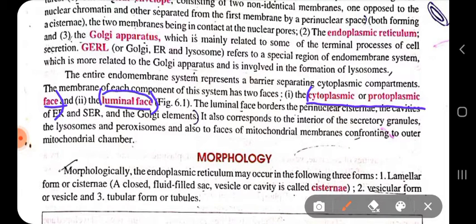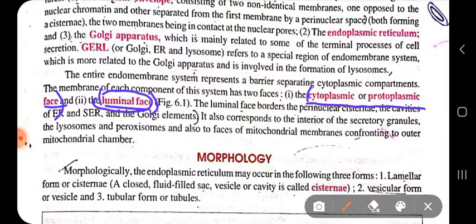The luminal phase is where the membrane is located near the lumen, the hollow space, where the proteins are inserted and post-translationally modified, like glycosylation, which means addition of carbohydrate to certain regions of the proteins in order to stabilize the protein's function and structure.